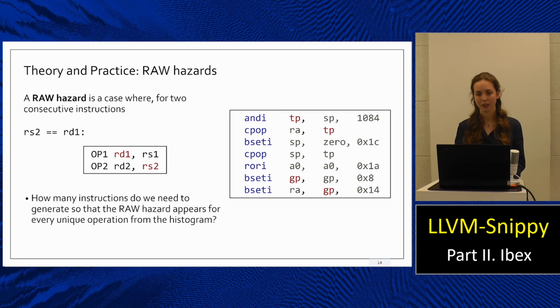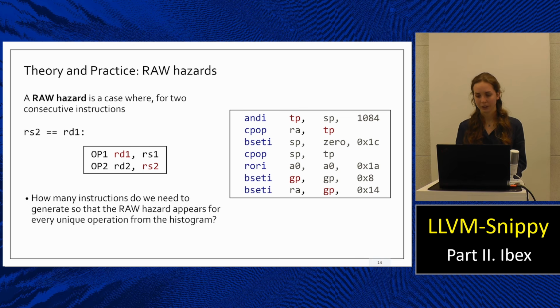The core must handle the dependency correctly, either through forwarding or through a stall. Read after write is only one example. The coverage model may include different hazard scenarios, and what matters is not just one dependency somewhere in the test, but such cases for all relevant instructions from the histogram.